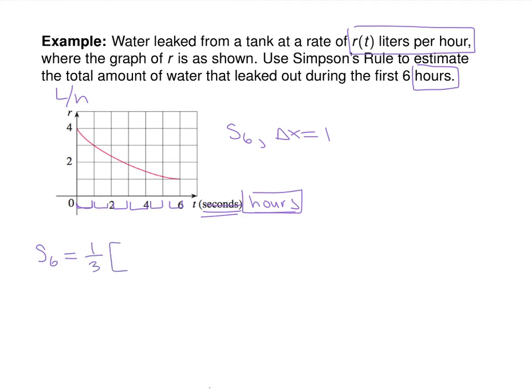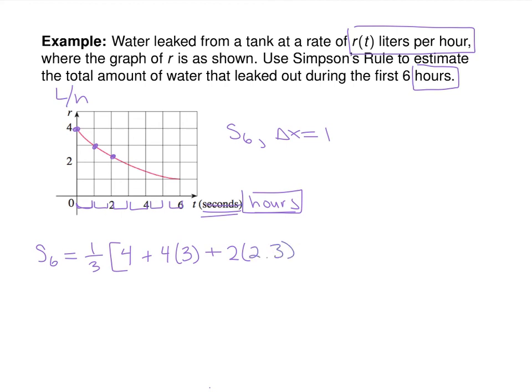And then first when we plug in 0, looks like we get 4. That's my x naught. Plus 4 times, when you plug in 1, looks like we get 3. Plus 2 times, when you input 2, it appears you get something like 2.3-ish.